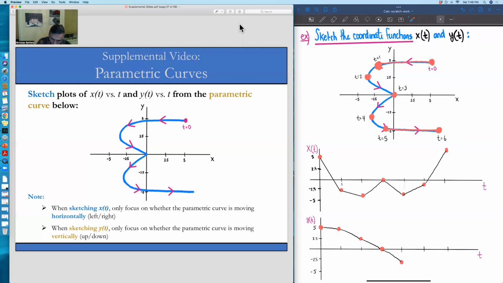Now from t equals 4 to t equals 5, we are continuing to decrease that y value because the vertical movement is downwards. So we go from a little bit beyond minus 2.5 to just slightly above minus 5. So somewhere, let's say, about there.